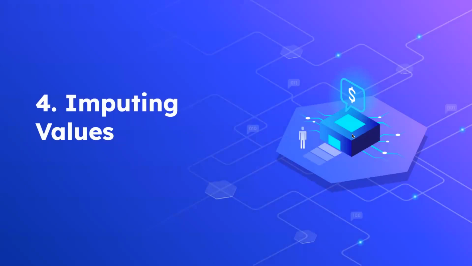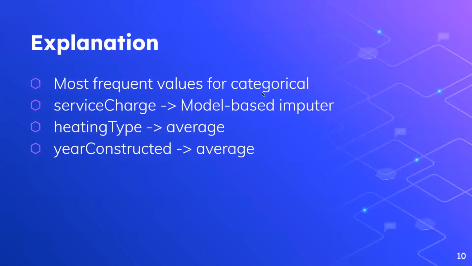And then when it comes to imputing, for categorical values, we have researched that generally the most frequent would be good. For service charge, actually, this was our own idea. We wanted to use the model-based imputer, which is a simple tree in Orange. Heating type is a categorical value, so most frequent.